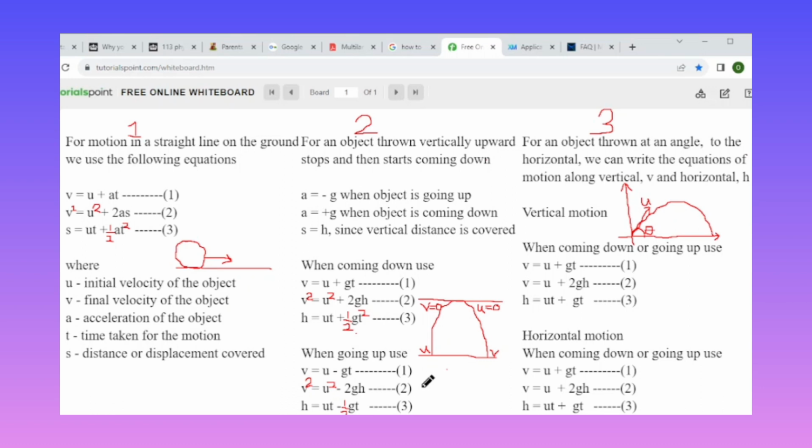The second equation, when the object is going up, is v squared is equals to u squared minus 2gh. And the third equation is h is equals to ut minus 1 over 2 gt squared.